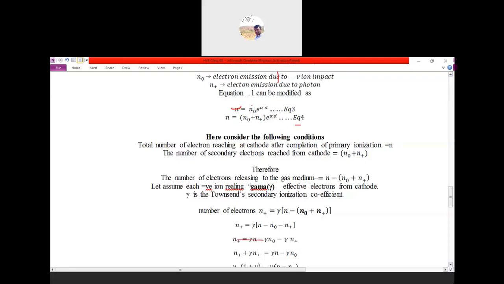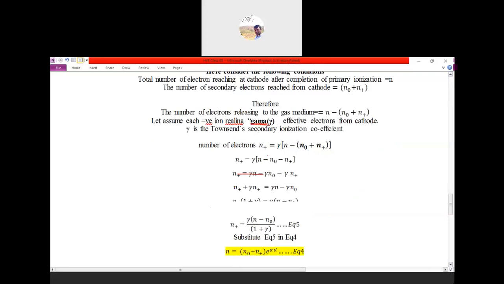So the total number of electrons produced due to the positive ion and photon impact is n naught plus n plus, into e power of alpha d. This is equation number 4. So this is equation 1, equation 2, equation 3, equation 4.